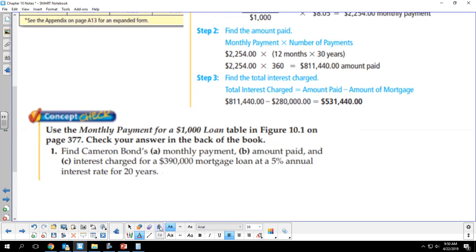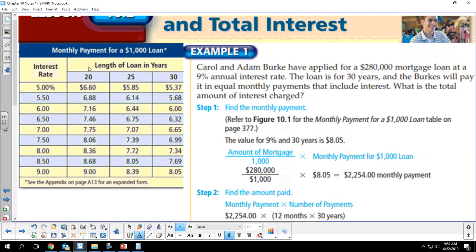So the first thing that we're doing is we are taking and finding our chart number. So his mortgage amount is $390,000. We're going to divide by, and I'm going to use 1,000. And then we're going to times it by the number from the chart. So 5% for 20 years. We go 5%, 20 years.